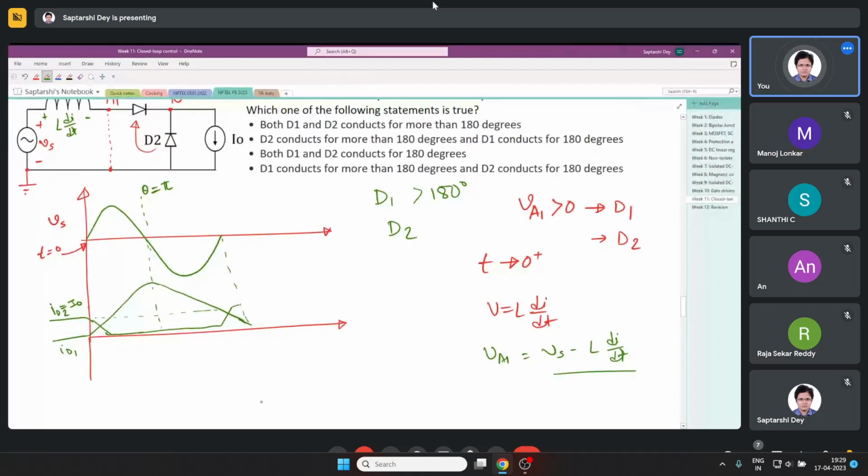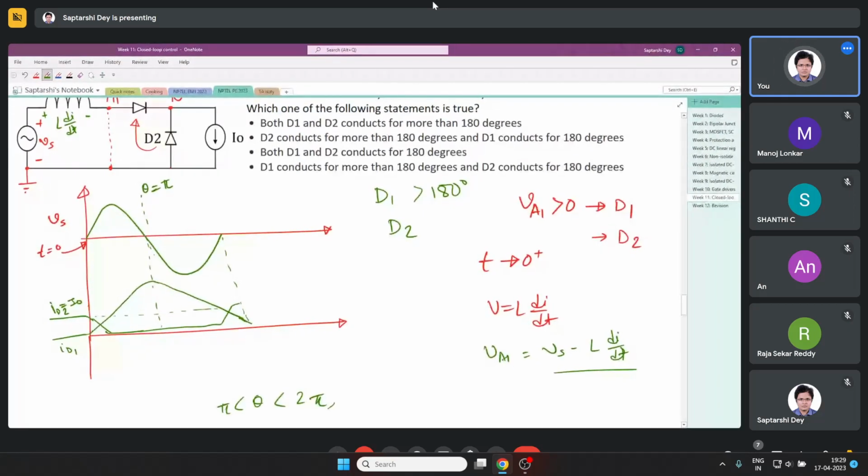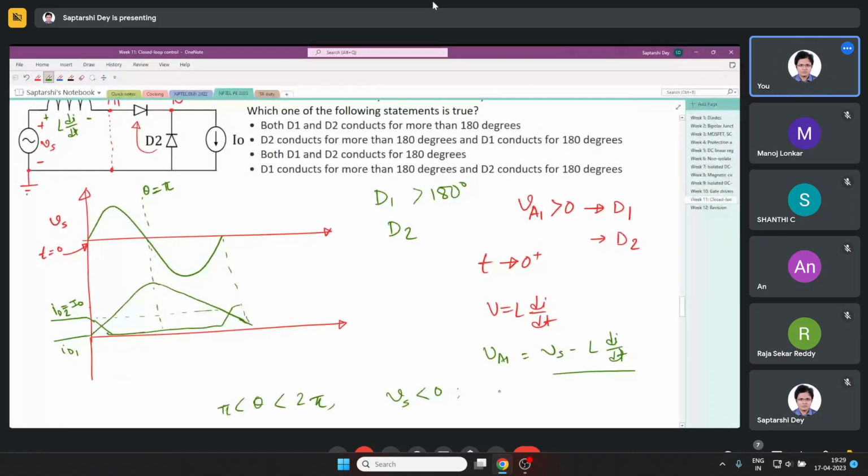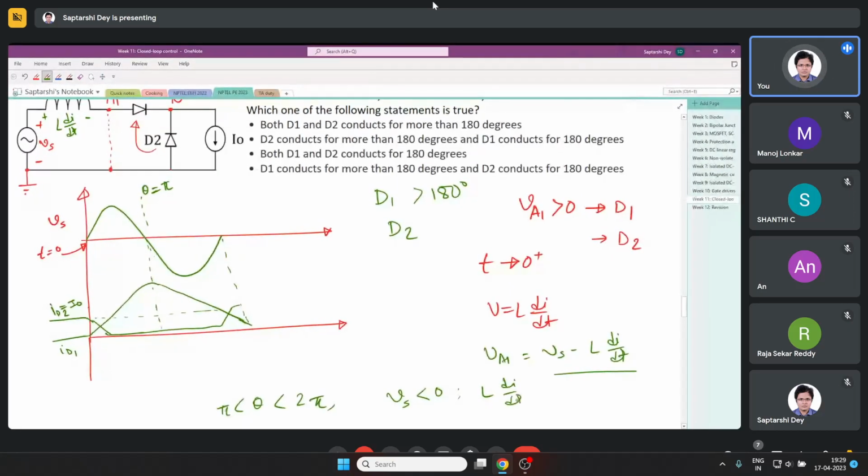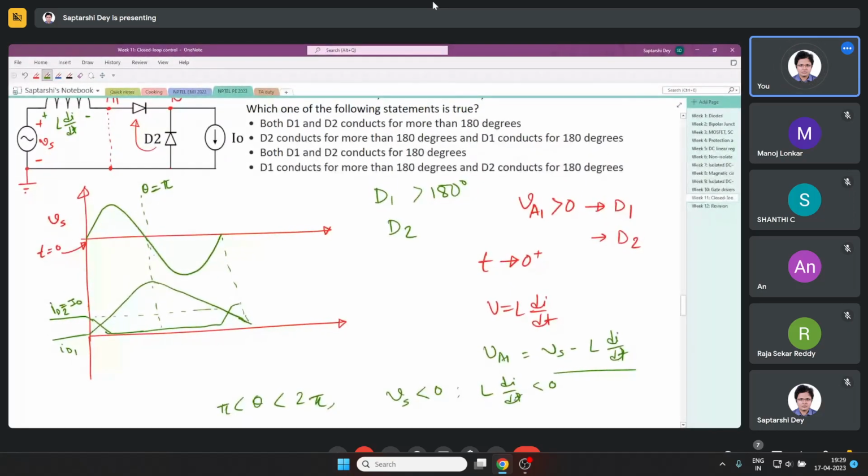When theta is between pi and 2 pi, Vs is negative and L di dt is also negative, right? The current is dropping.